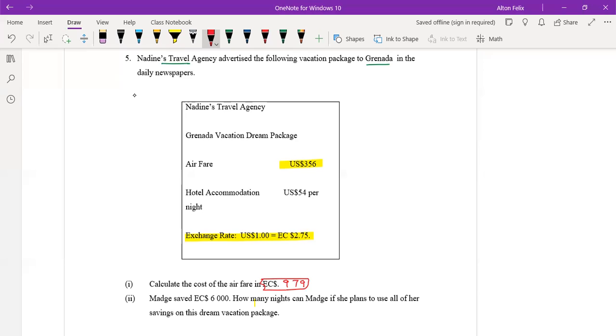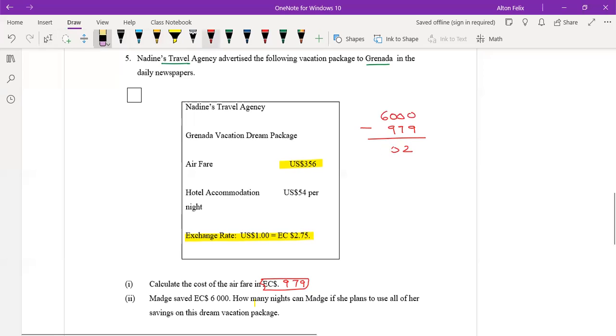Providing she's using all on hotel accommodation, the amount she'll have left to spend would be the 6,000 minus how much she pays on the airfare. So 979 and $21 will give us 1,000 flat. So it means that she'll have $6,021 left. Not six, sorry, $5,021 left.